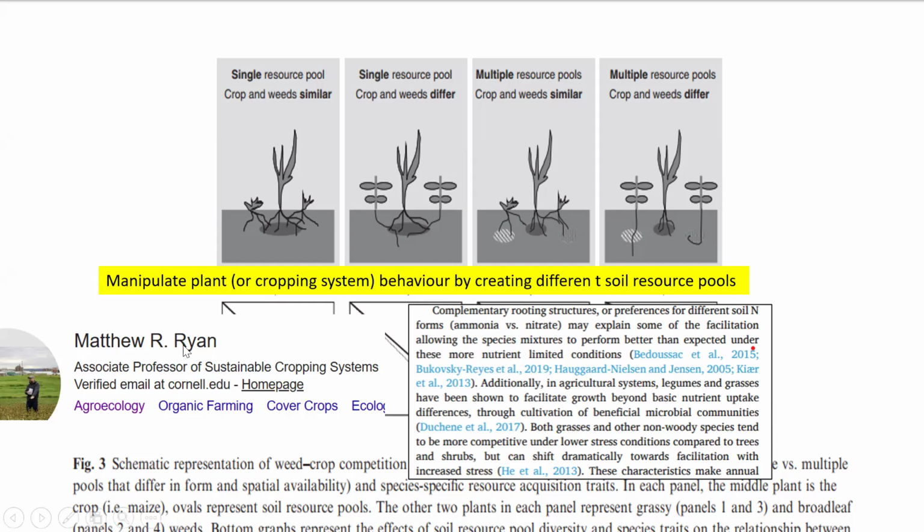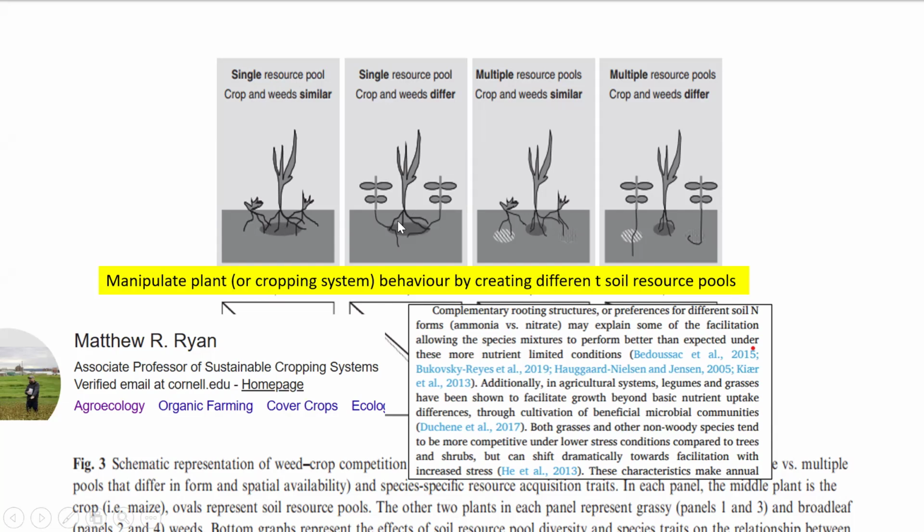But what I'm talking about here is let's go through these pictures. This is what we call a single resource pool. And so the resource pool is this dark area here in the soil. And in this case, both crop types, in this case, we're talking about weeds, but these could easily be intercrops, are actually tapping into the same resource pool.